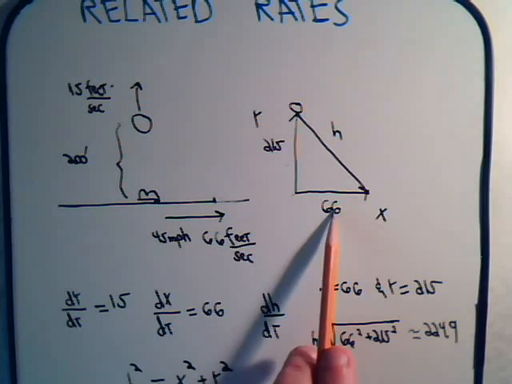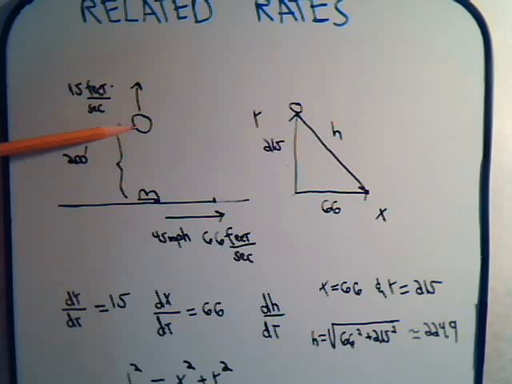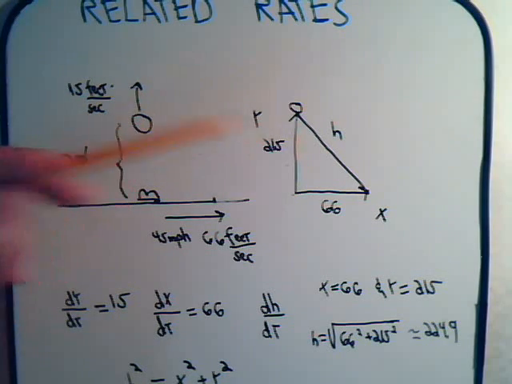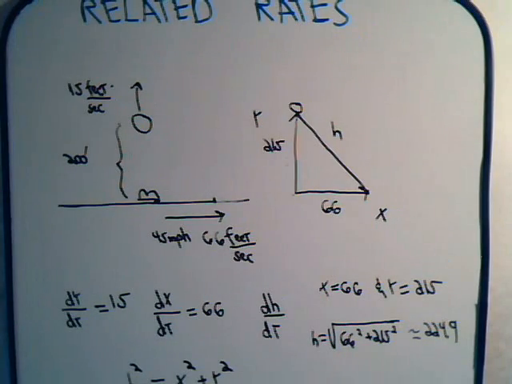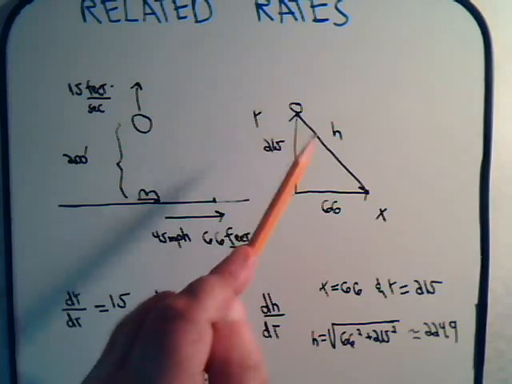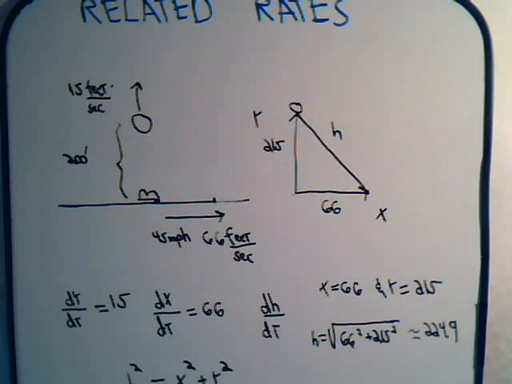That's just 66. And we know what this distance is. That's going to be 200 plus 15, 215. So we know what x is, and we know what y is 1 second later. The distance between them, that's h. Obviously, we can solve for h. We did that here.